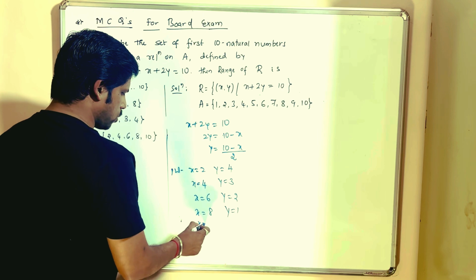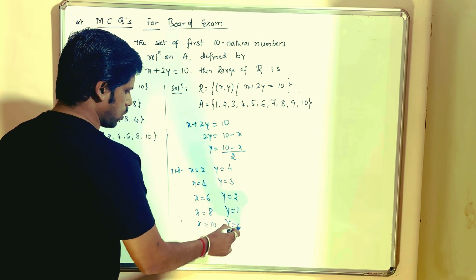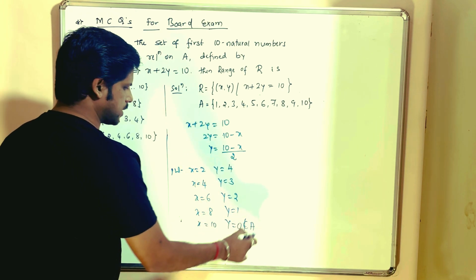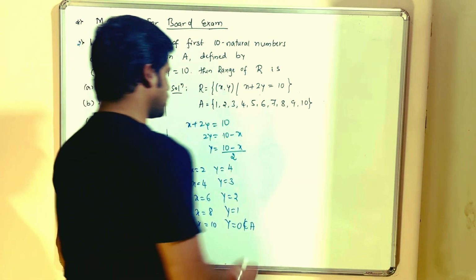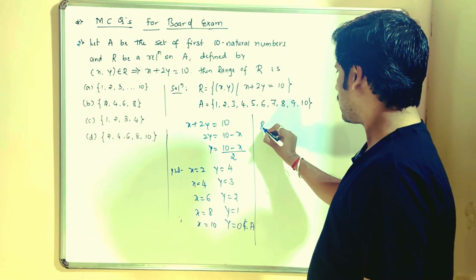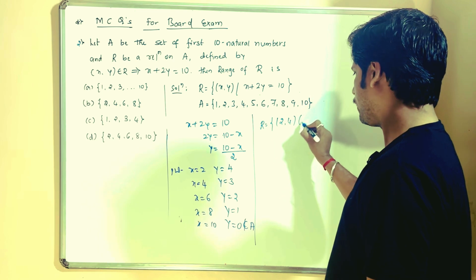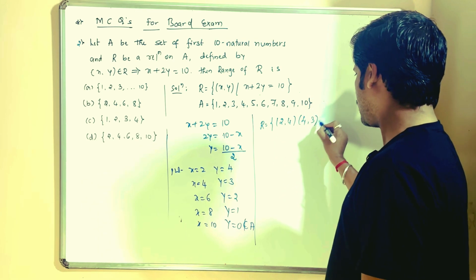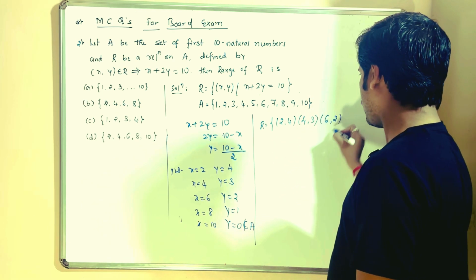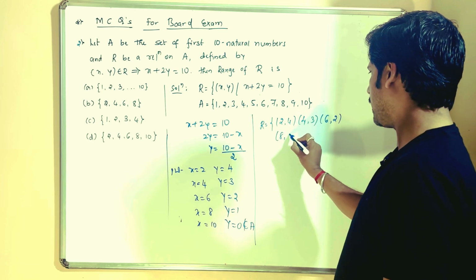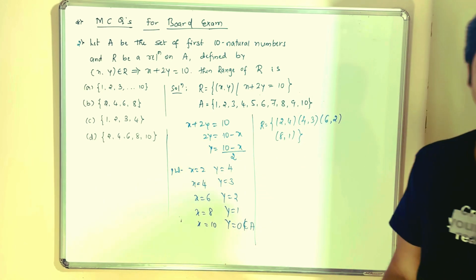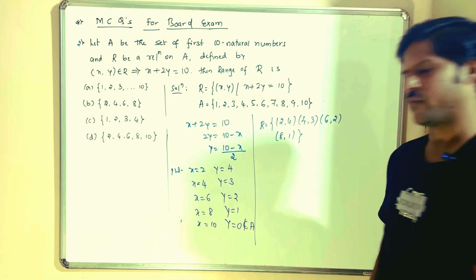And put x equal to 10: y is equal to 0, which does not belong to the set. So what are the ordered pairs of R? That is 2 comma 4, 4 comma 3, 6 comma 2 and 8 comma 1.